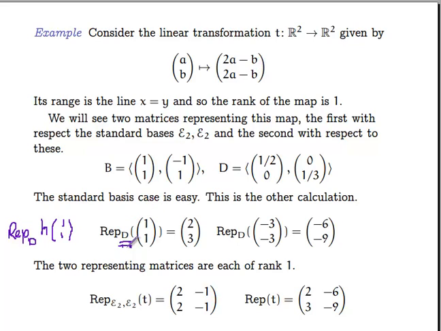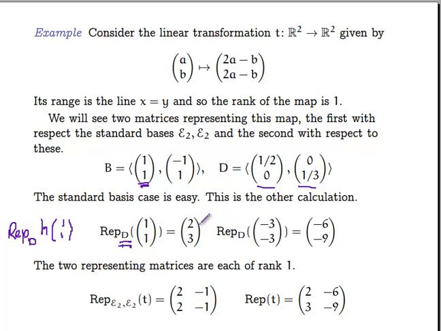So that's what this (1, 1) here is. You shouldn't confuse this. This (1, 1) just happens to be the same as the first basis vector, but that's just coincidence. Really what we're looking for is the representation with respect to the D basis of the image of (1, 1). You can work out that if you represent this vector in terms of this basis, you get (2, 3). You can verify that 2 times the first vector plus 3 times the second gives me (1, 1).